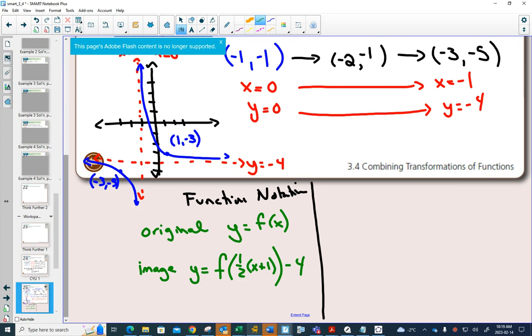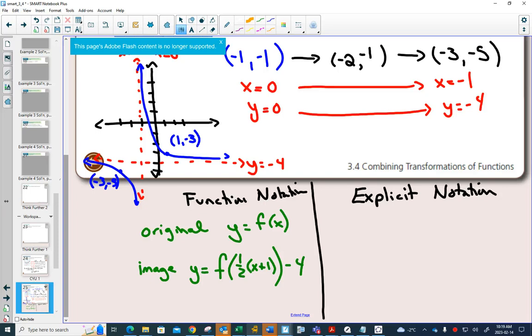That's function notation. We could get this same question in explicit notation. And sometimes it's helpful to be able to move between the two.